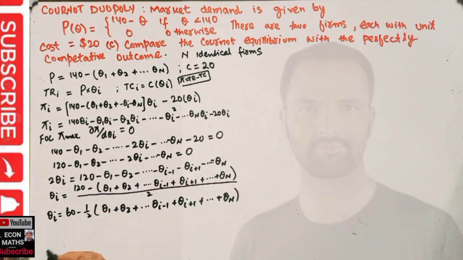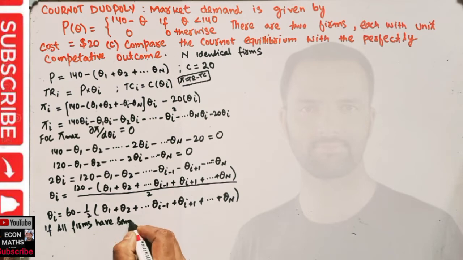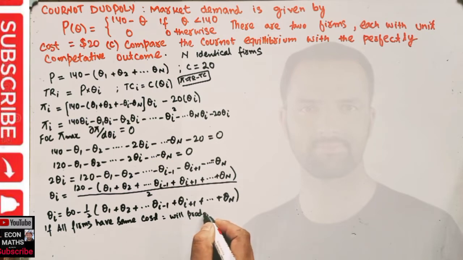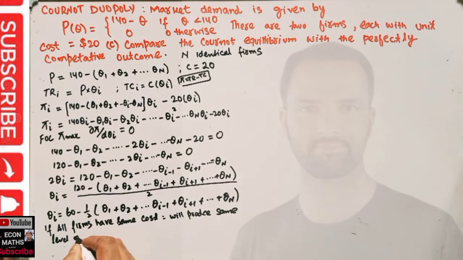So I will write here, if all firms have the same cost, they will produce the same level of output.